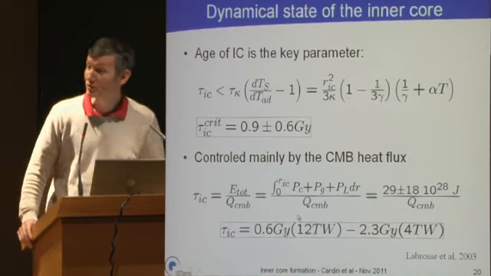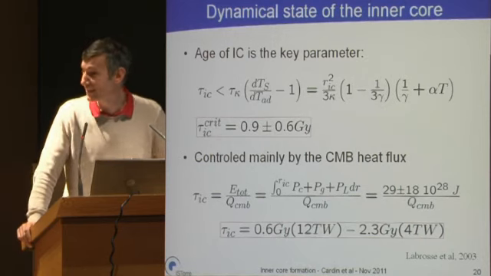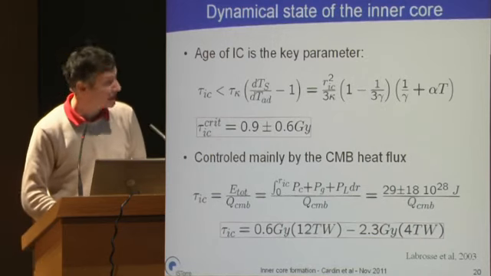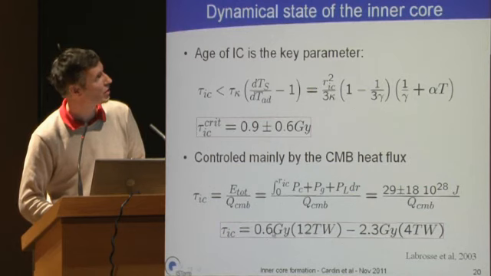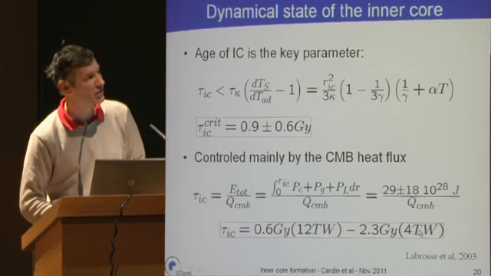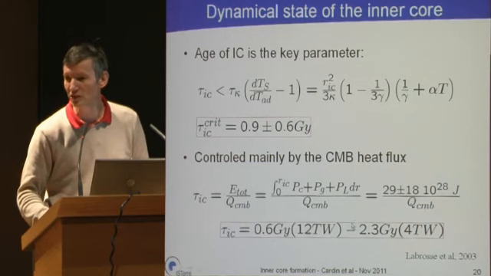If mineralogists give better values, we can do better easily. And it is controlled by the CMB heat flux, and the CMB heat flux gives an age of the inner core of 0.6 gigayear if it's 12 terawatts to 2.3 gigayears if it's 4 terawatts. And there is large uncertainty also on the CMB heat flux.